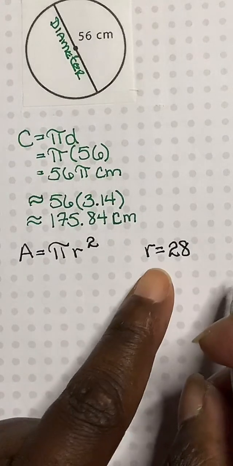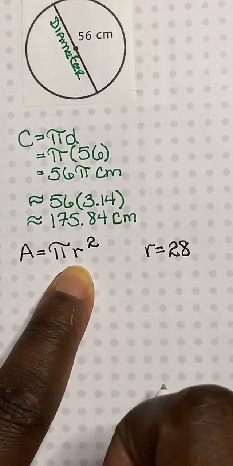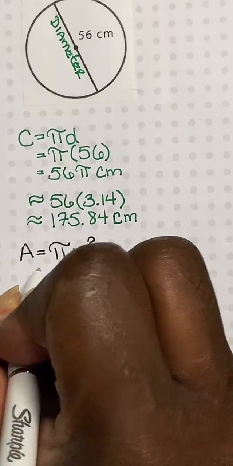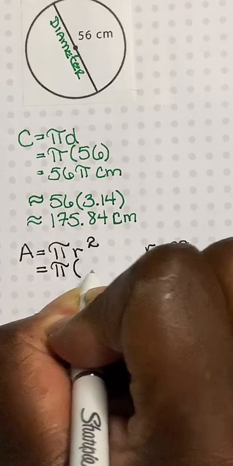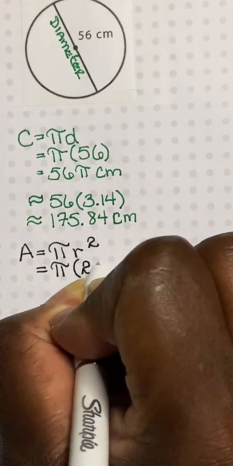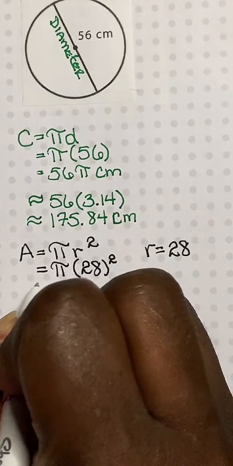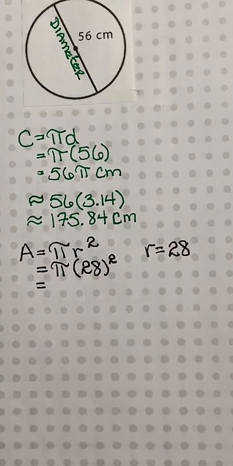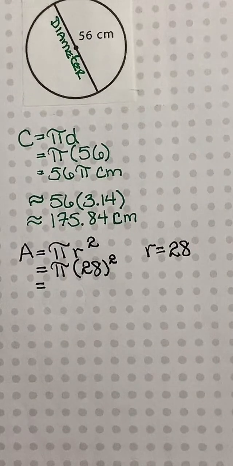So, this is what you're going to plug in to your r. If I want to figure out my area, I got my pi. I'm taking my r, my radius, which is 28, and I'm going to square it. If they want the exact answer, you basically figure out what 28 squared is, and then you tack on the pi and its measurement.